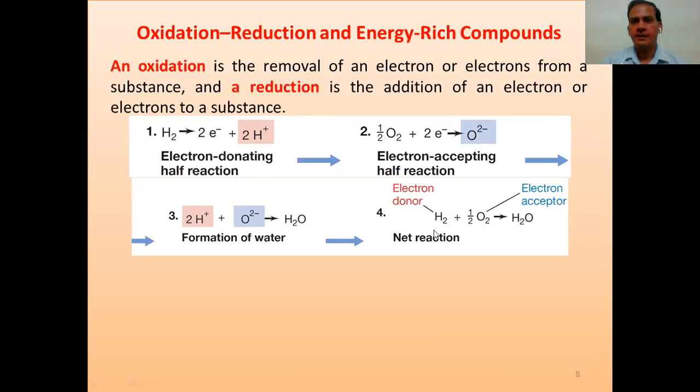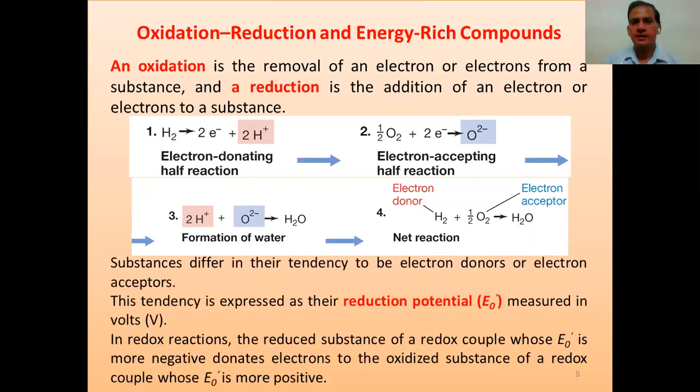So here we can say that oxidation is taking place of hydrogen and reduction is taking place of the oxygen, which ultimately leads to the formation of water. So substances usually differ in their tendency to be electron donor or electron acceptor. So this is quite obvious.